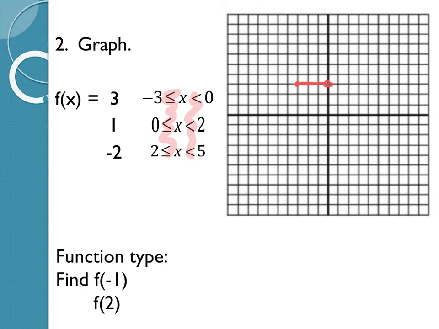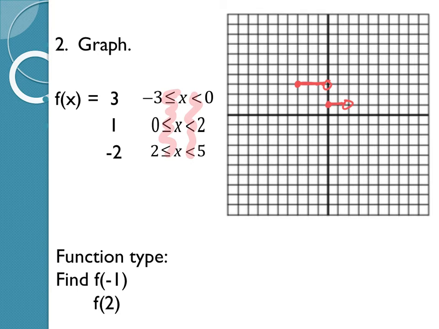Okay, then we're going to go to 1. We're going to go between 0 is going to be closed to 2 is open. I'm going to make that one look a little bit more open because it doesn't look very open. So I'm going to tweak that a little bit. Okay, there. Okay, then we go to -2.